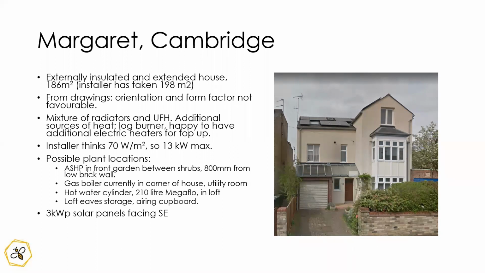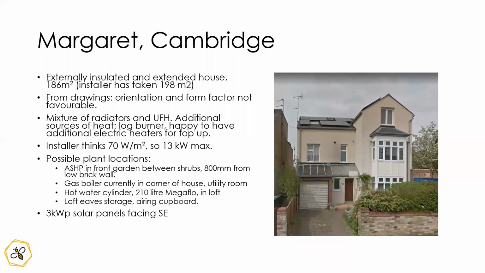She's provided some drawings, which I'll show you in a minute. Now the orientation and form factor aren't particularly favourable in terms of huge amounts of beneficial solar gain, but also lots of heat loss area. So in terms of a retrofit, that's quite a tricky geometry. There's nothing she can do about that.